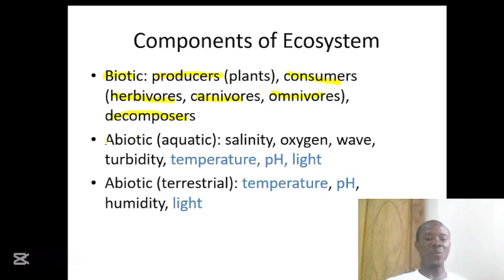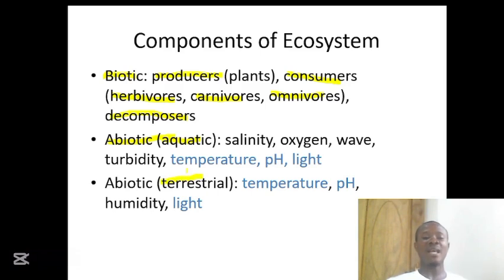The second component we have is the abiotic component, and under the abiotic component, I have separated it. We have the aquatic abiotic component and we have the terrestrial abiotic component.